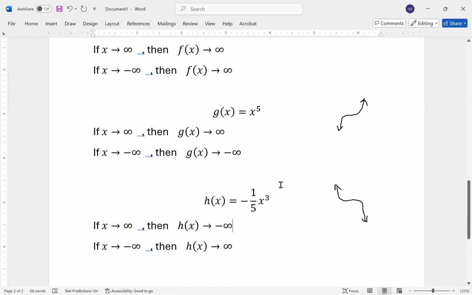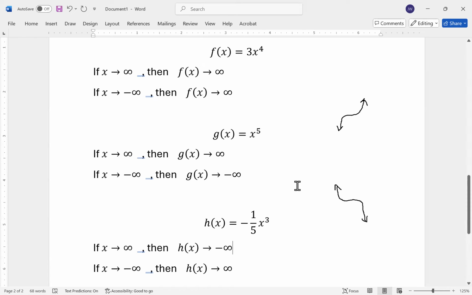Now you'll notice that each of these power functions is also a polynomial function with one term. So a natural extension is to ask what would happen to a polynomial function with multiple terms.